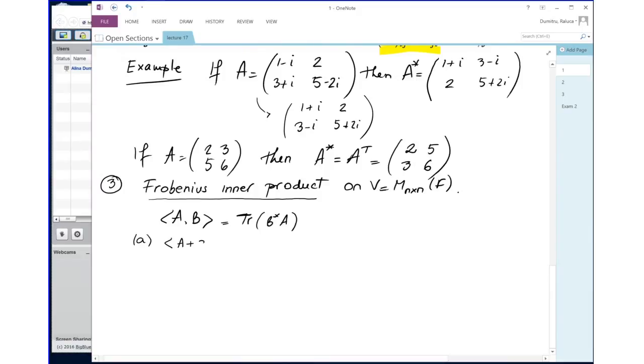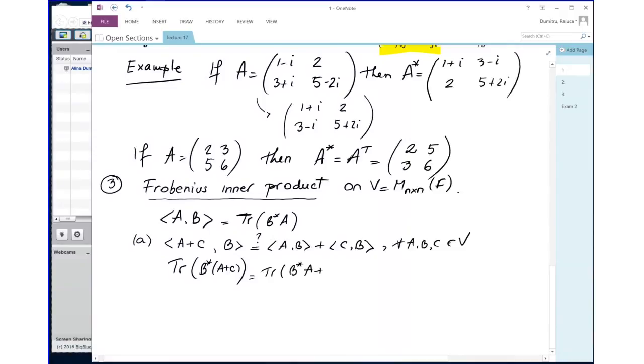The first one is the thing with being linear. So if I have three matrices, A, B, and C, we need to have this identity. The inner product between A plus C and B is in fact the trace of B star times A plus C, which is the trace of B star A plus B star C. Now imagine adding two matrices and taking the trace of the resulting sum.